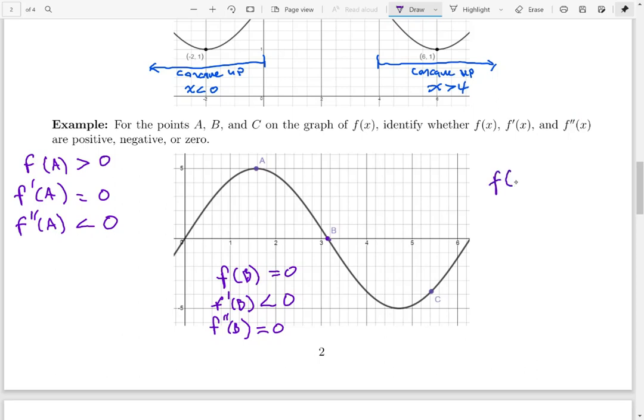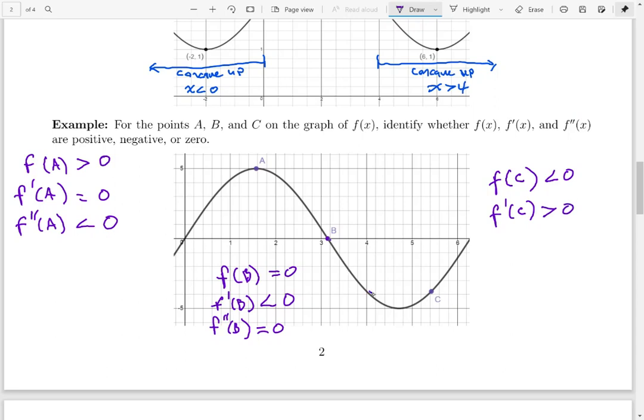Let's calculate f of c. Remember, I'm thinking of the x value for c, but that's below the x-axis, so that's going to be negative. Then the first derivative at c, the slope of the tangent line, is positive.